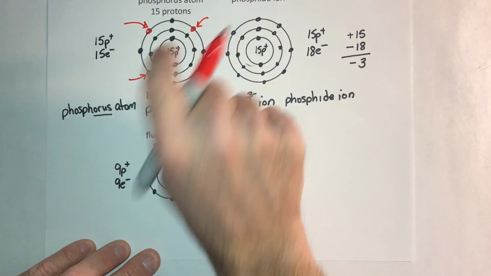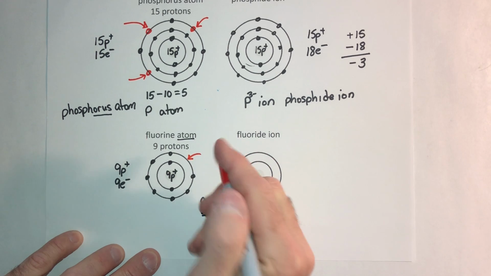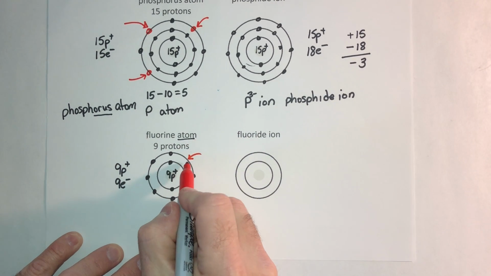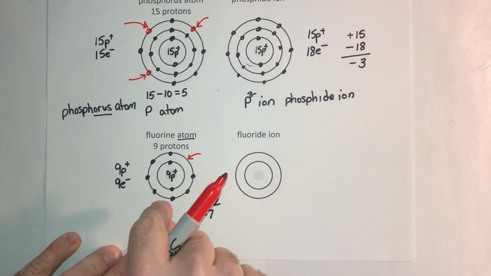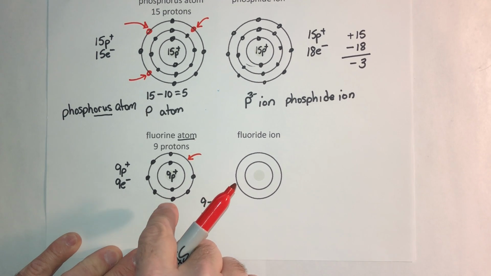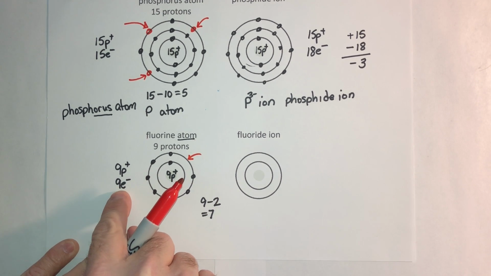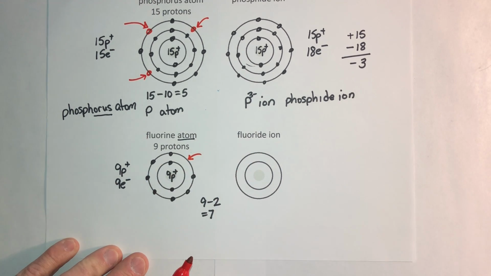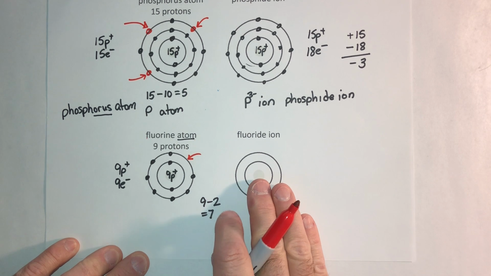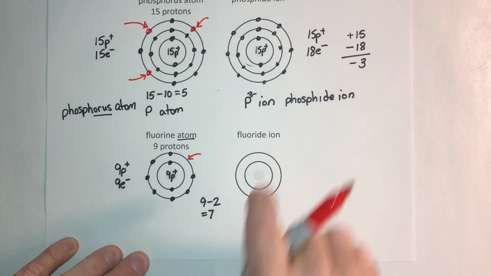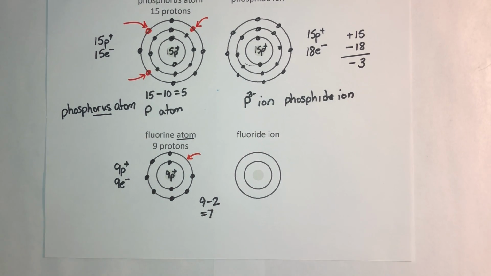Now, I learned from my mistake up here. I am showing the electron being added, but I haven't actually drawn the electron. Because in this picture, this is the picture of the atom. So in this picture, I only want to show 9 electrons, right? I don't want to squeeze an extra one in. That's why I have a separate diagram for the fluoride ion, because this will show the extra one slipped in.